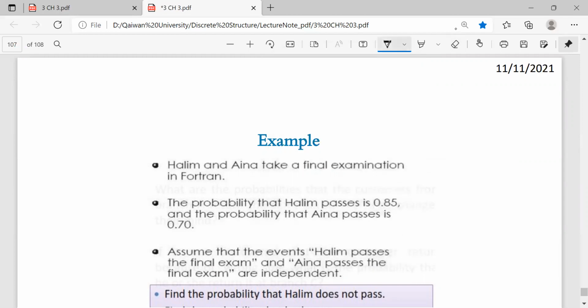Let me write down in a table. Probability of pass of Halim is 0.85. How about probability of fail of Halim? Is 0.15, which is 1 minus 0.85.